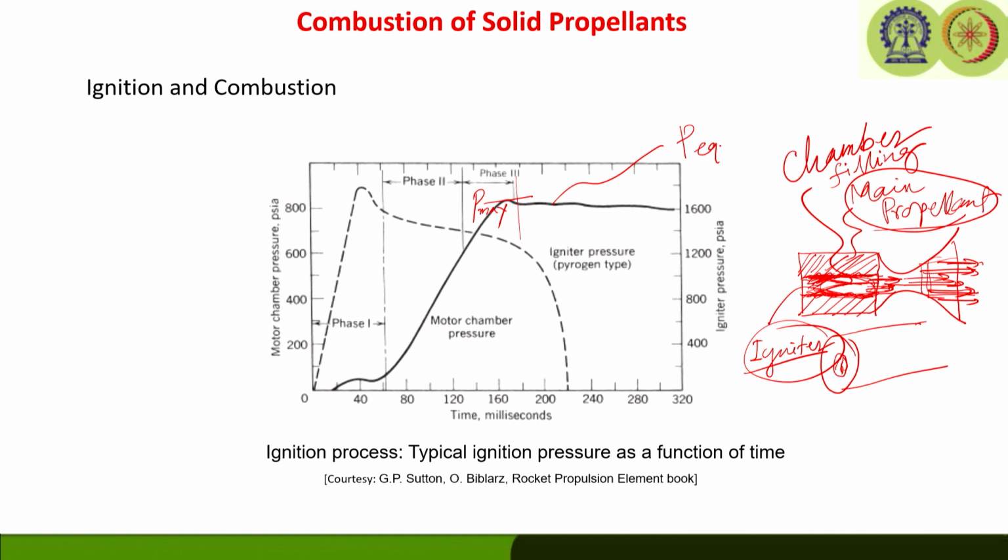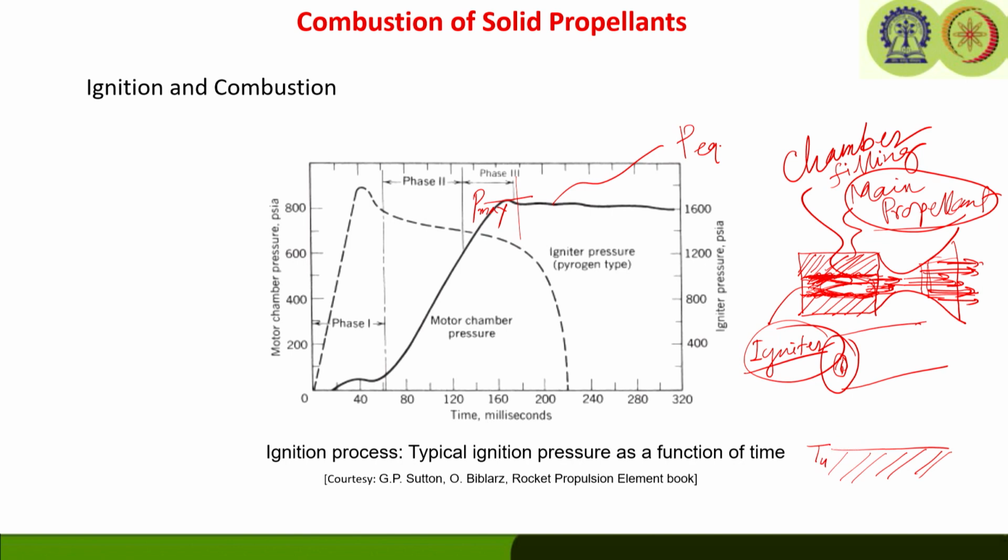So, depending on the propellant formulation, it is very important whether the propellant will be ignited effectively or not. The initial temperature of the propellant, the unburned temperature of the grain, whether it is very low or moderately reaches a certain temperature, is also going to play a role in terms of ignitability.